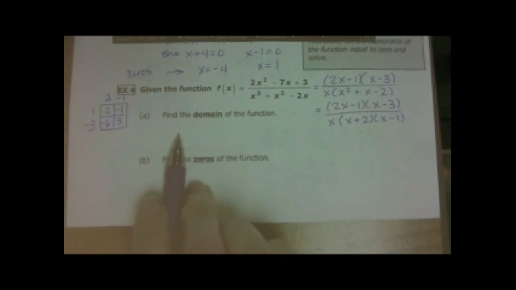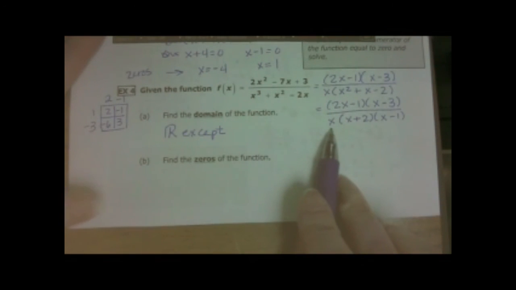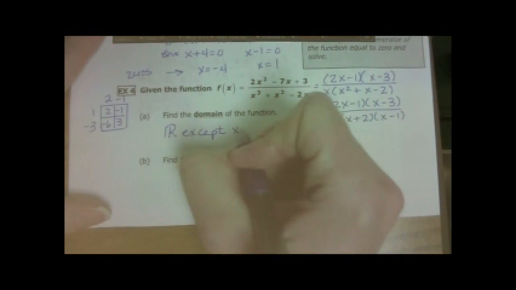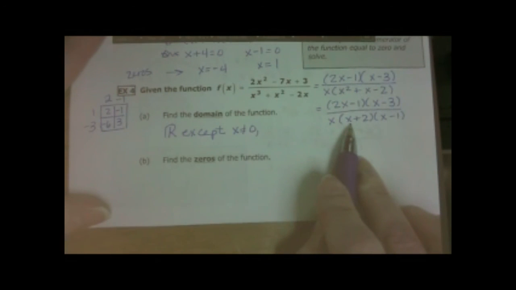Now, find the domain of the function. The domain of the function is all real numbers except whatever will make your denominator 0. So if x is 0, this whole denominator is going to be 0. So x cannot be 0. X can't be negative 2, because then you would have negative 2 plus 2.